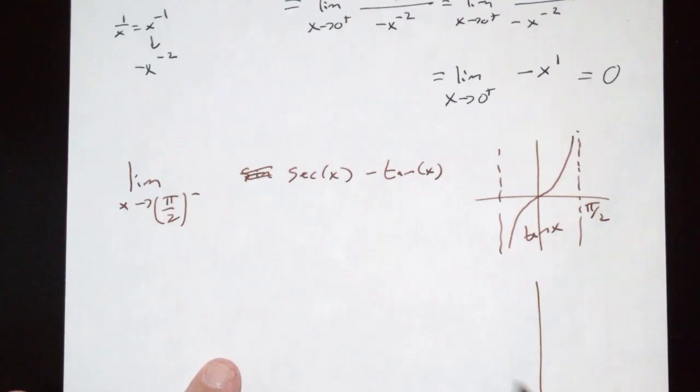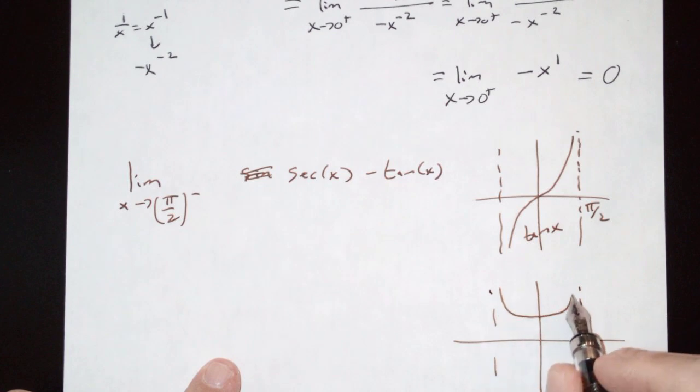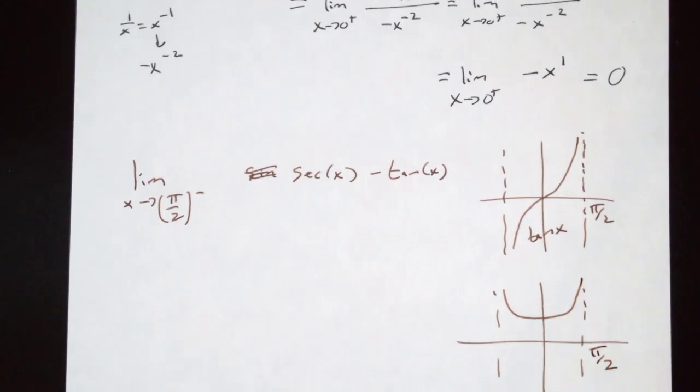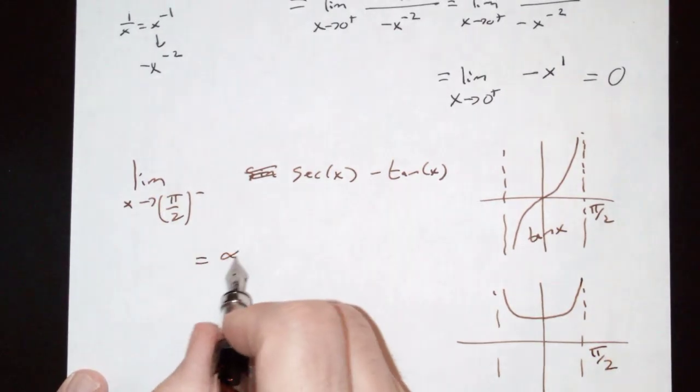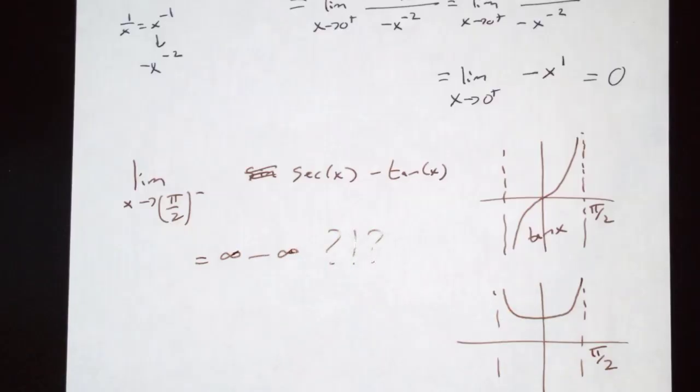Secant of x, same deal. Has an asymptote at pi over 2. This is infinity minus infinity? What the? I don't know how to subtract infinities. That doesn't make any sense at all.